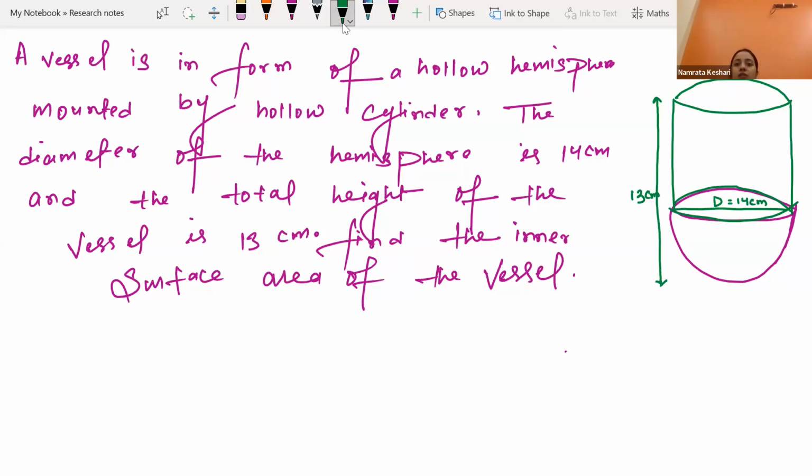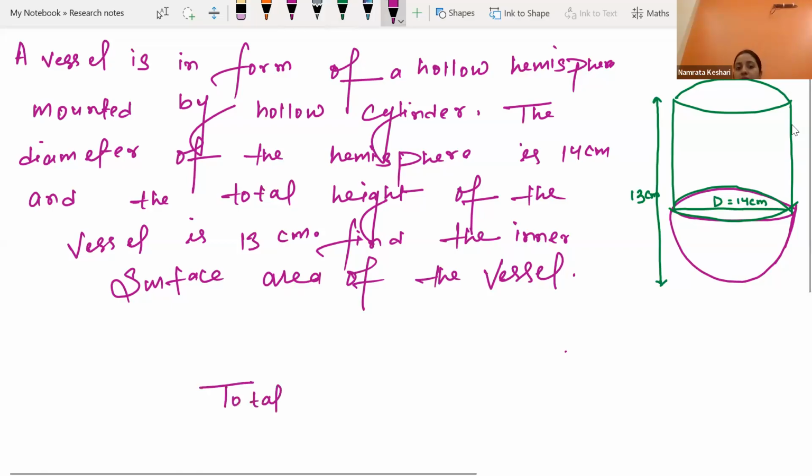We have to find the inner surface area, keeping in mind the cylinder is hollow and the hemisphere is also hollow. Let's think about how we'll be finding the total surface area of this vessel. Who will say what will be the total surface area of this container?